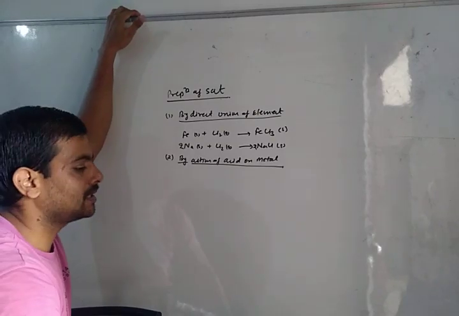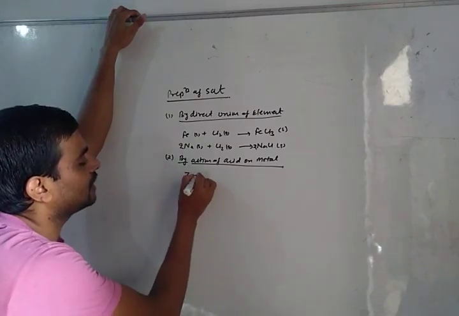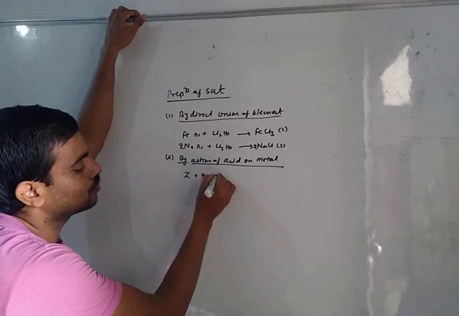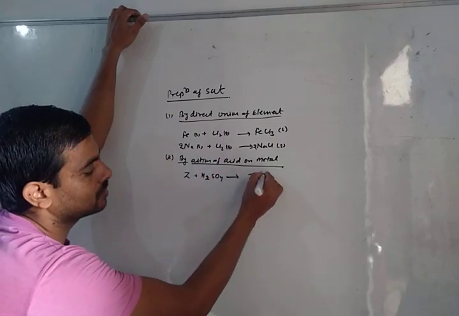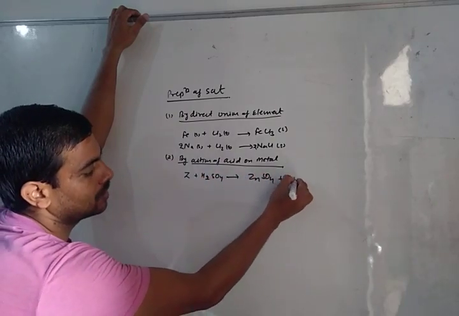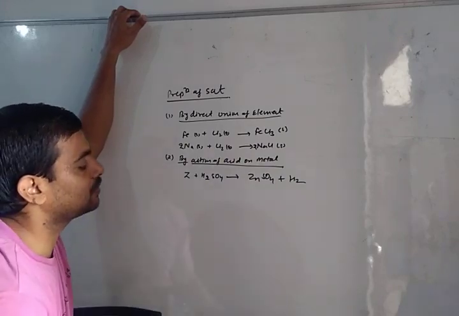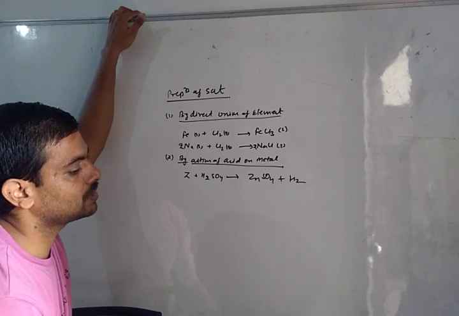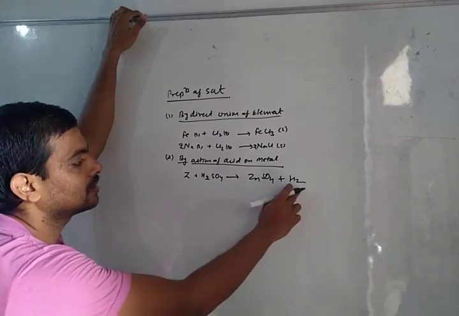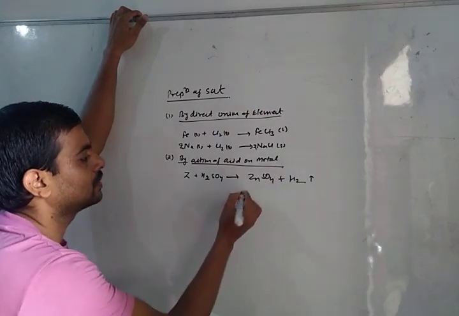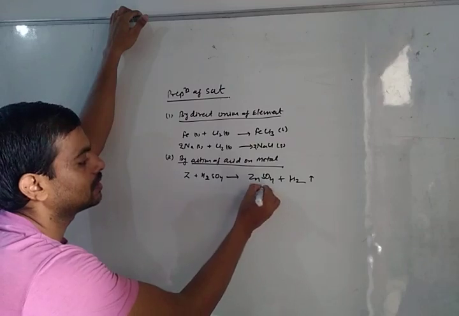For example, Zn plus H2SO4 forms ZnSO4 plus H2. Zinc metal combines with sulfuric acid to form zinc sulfate, which is a salt, and hydrogen gas is evolved.